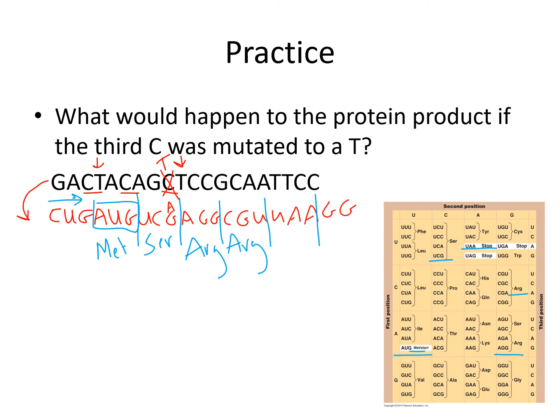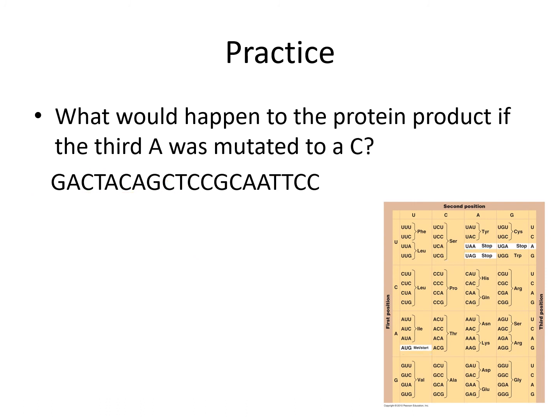And now that has changed that codon. So now it's UCA, which is serine. So the new amino acid would be serine, which is the same, which means the protein would be the same, and this would be a silent mutation.